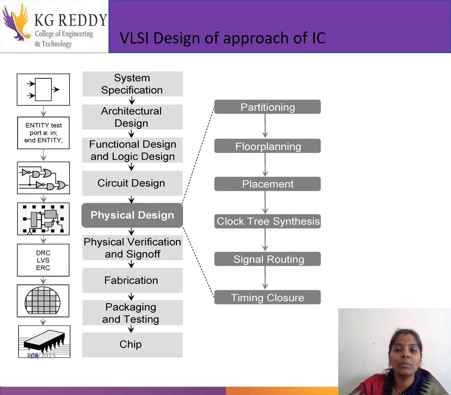The foremost step in this design flow is system specification. If I want to design any system, then obviously we need to know the specification. The specifications will be taken from the customer's point of view, and then the system will get designed.